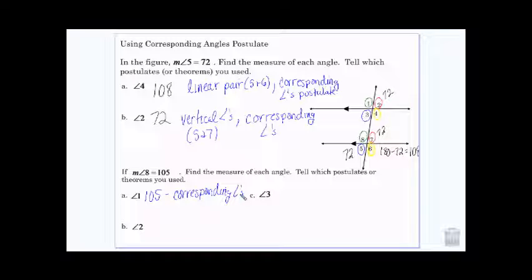If we know 1 is 105, I can find 2 by subtracting from 180, so it's 180 minus 105, so 75 degrees. And that's a linear pair. That's how we find it, it's linear pair. And if I know 2, I know 3 because they're vertical.